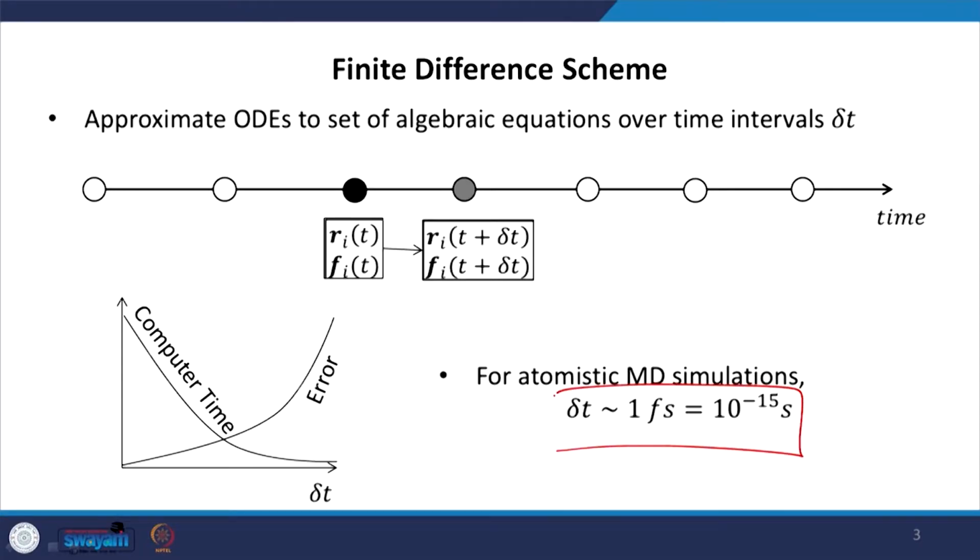It turns out that as we decrease the time step, in order to simulate the same time, we need to perform more MD steps, and therefore the computer time also increases as we decrease the time step, and it's always a compromise therefore of what time step we can use. It turns out that for atomistic MD simulations, the typically used time steps are of the order of 1 femtosecond, that is 10 to the power minus 15 seconds.